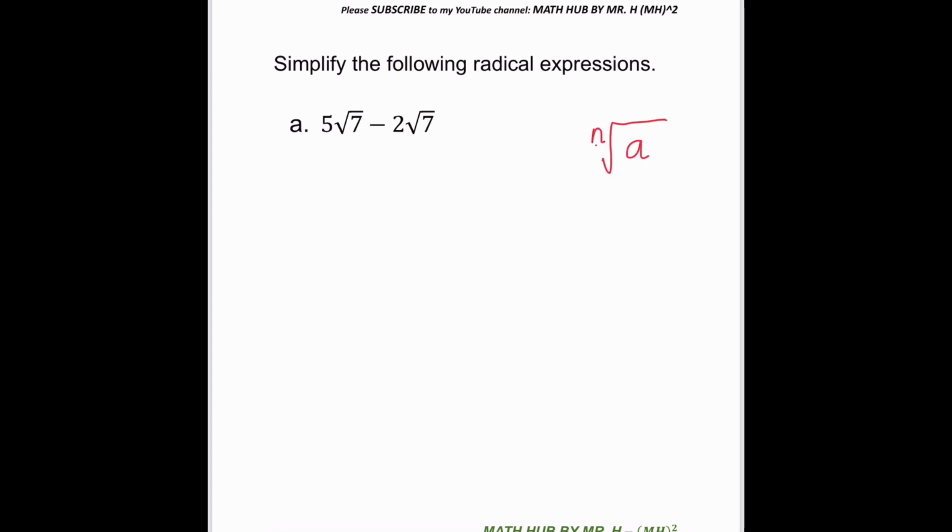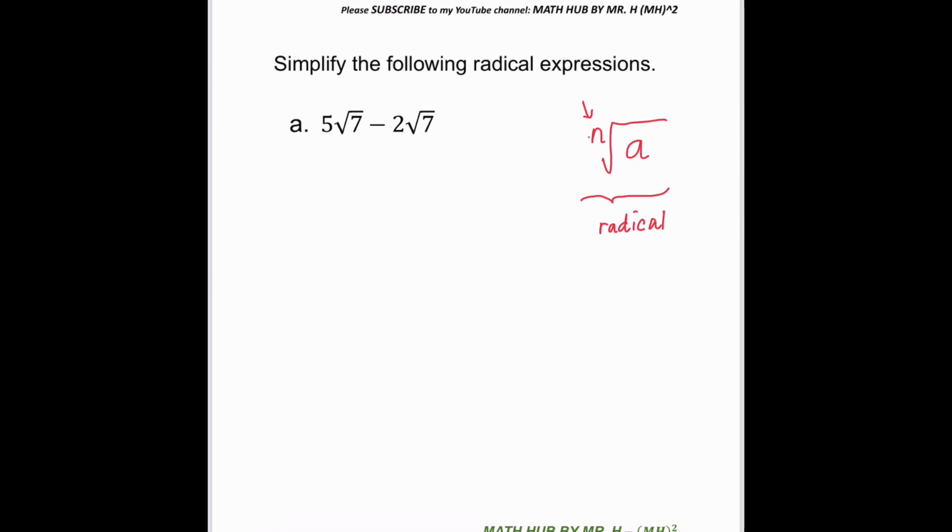Say for example, we have nth root of a. So this whole thing, we call it a radical expression, a radical. And each radical has major parts. So let's begin with the first one.